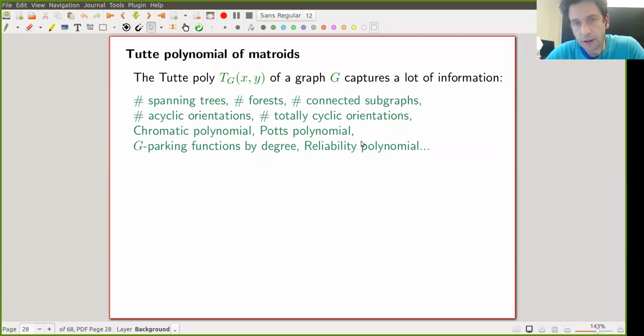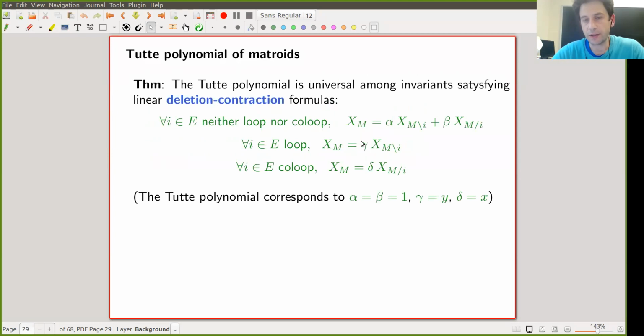One way to understand that it contains so much information is that it's universal among invariants satisfying deletion-contraction formulas. By that, I mean a formula of this type, where the invariant of M would be expressed in terms of the invariants of M deleted I and M contracted I, when I is any element that is neither a loop nor a coloop.